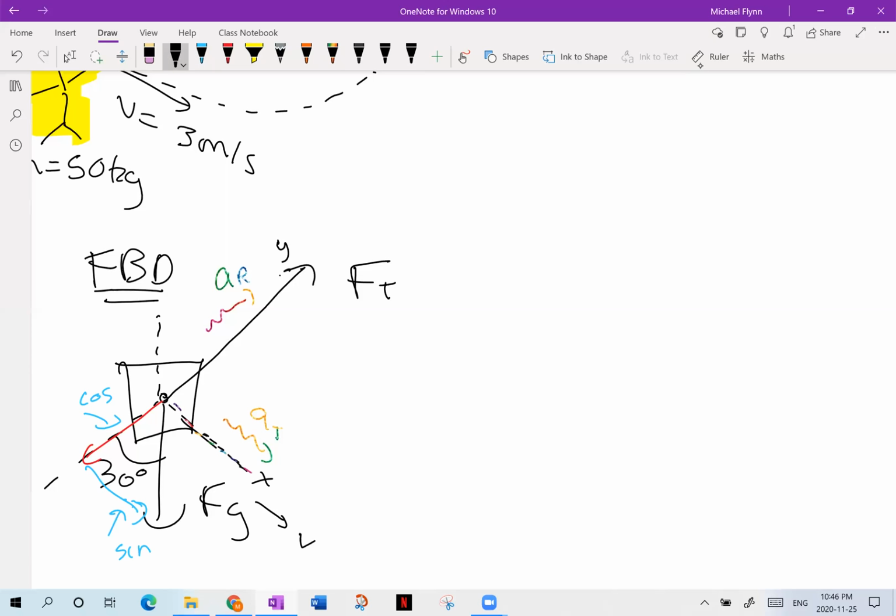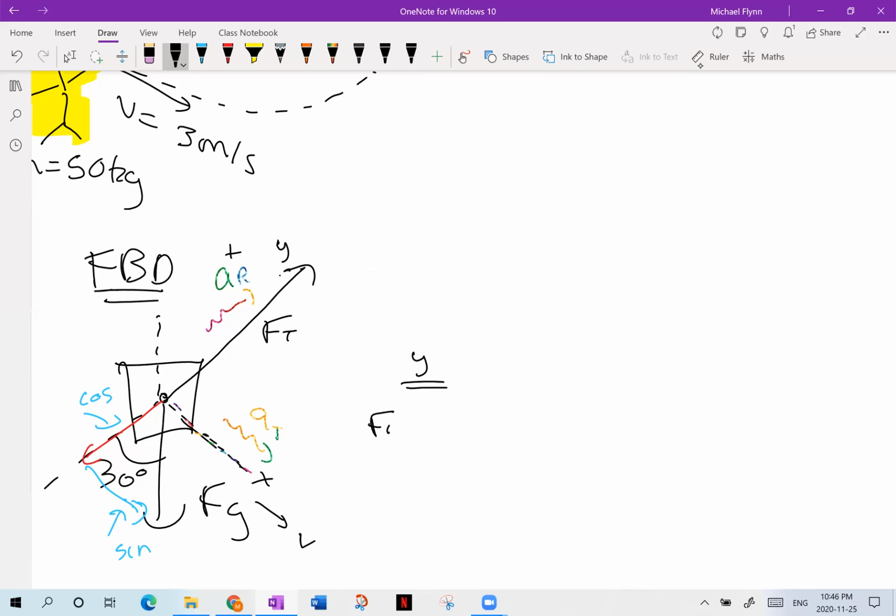And now I am ready to go. Let's do the y-axis first, and by the way, this vector, I need to draw it a little closer, that's the tension, of course. Okay, so let's do the y-axis first. Well, the tension is on axis, and I have to make the direction of the acceleration positive, of course. So that means the red vector for gravity is negative, and my tension is positive.